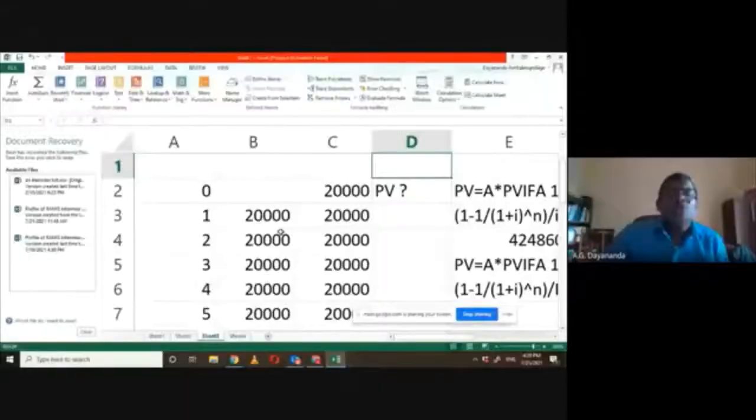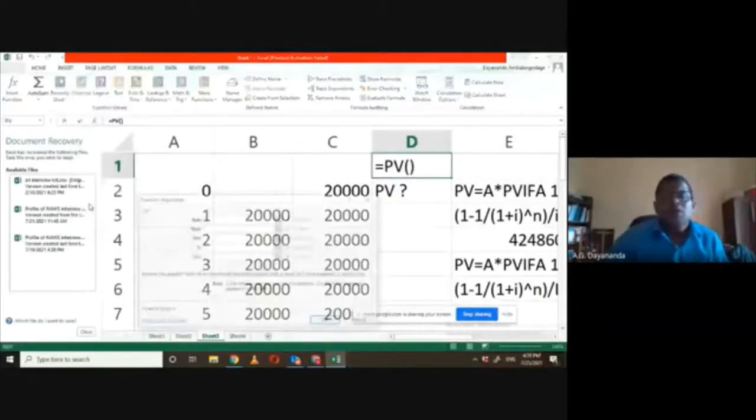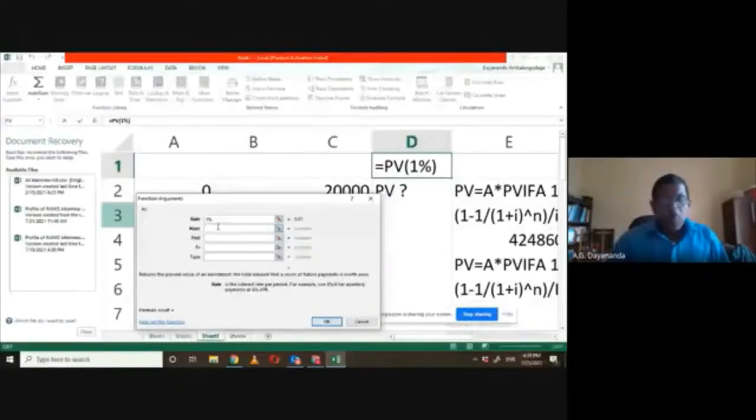Okay, just go to the formula, financial calculator. If you want the present value, you select present value, and you get a box. You enter the data: 1%, then periods 24. We are applying this data to an annuity, not the lump sum, the complex formula.